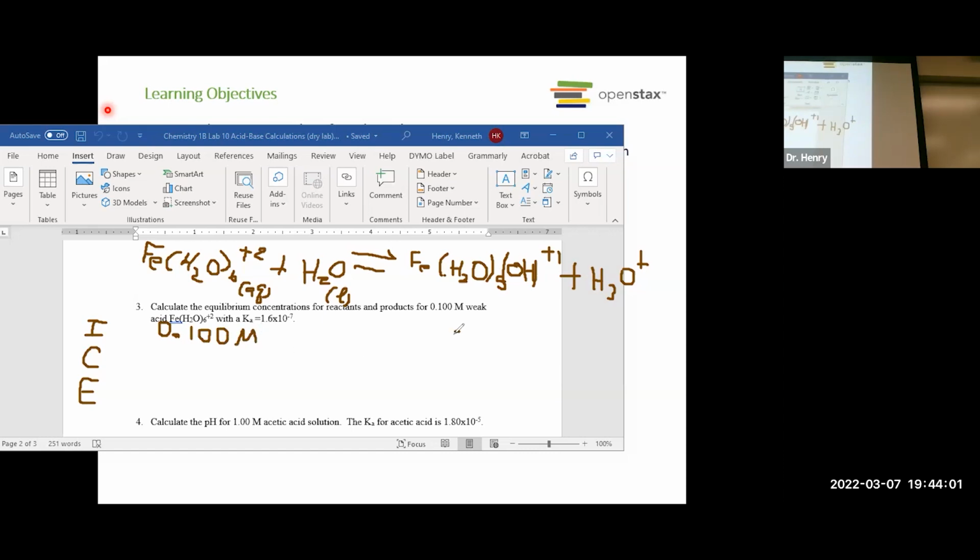Then initially, this starts off at 0. Our change is negative x, x, because we've gotten this down to a t.